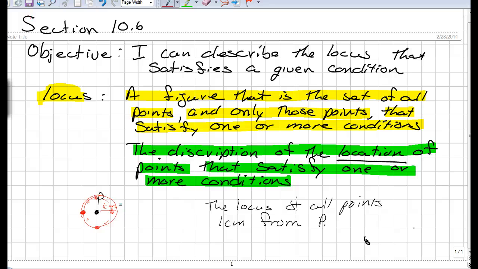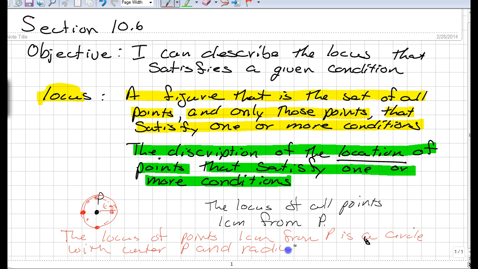And so we would say the answer to this would be the locus of points 1 centimeter from P is a circle with center P and radius of 1 centimeter.